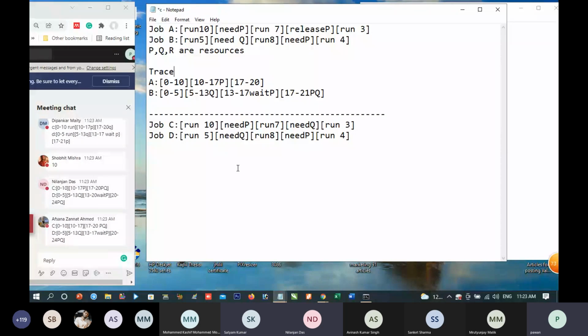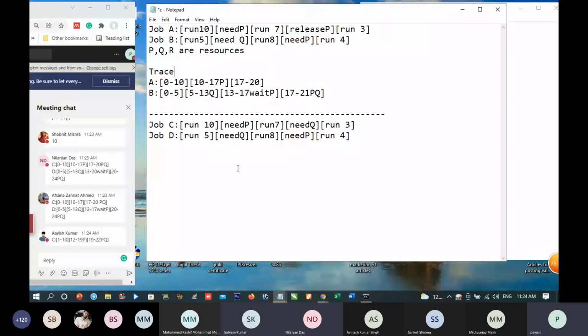Deadlock has not taken place at 10, but at 10 it was guaranteed that deadlock will take place. Nilanjan, you are wrong. How? Nilanjan is wrong. Okay, I will explain to you.